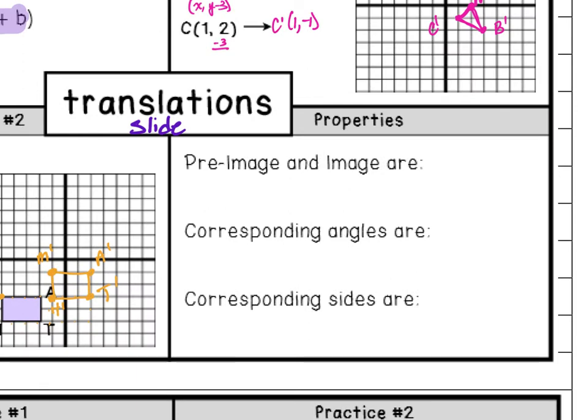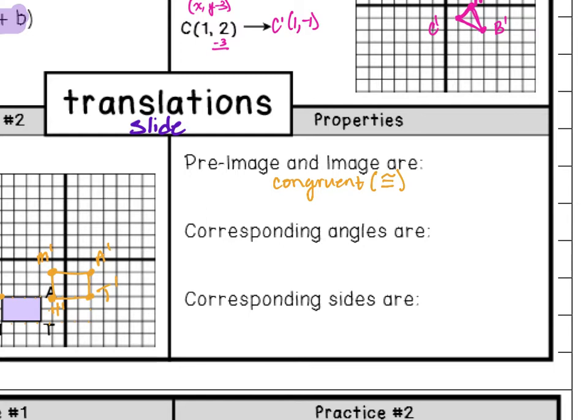So the properties of translations are that the pre-image and the image are congruent. And the symbol for congruent is a little equal sign with a little similar symbol on the top of it.